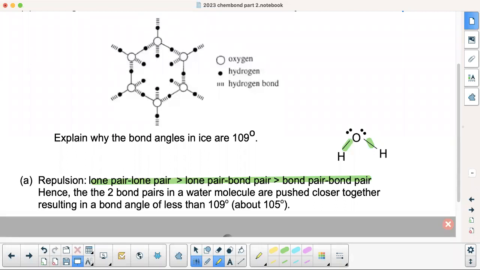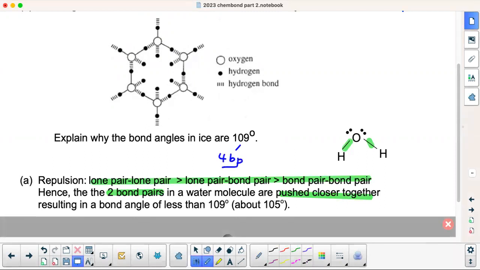It'll be like 105. So I mentioned that the two bond pairs are pushed closer together, resulting in a bond angle that is less than 109.5. So that's the criteria that we are looking at. This is the VSEPR second principle. And after that, they ask you why the bond angles in ice are 109.5. So you must treat it as there are 4 bond pairs.